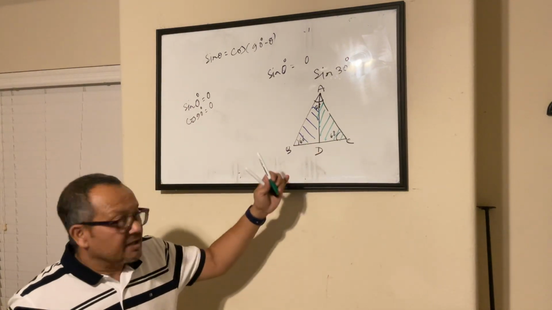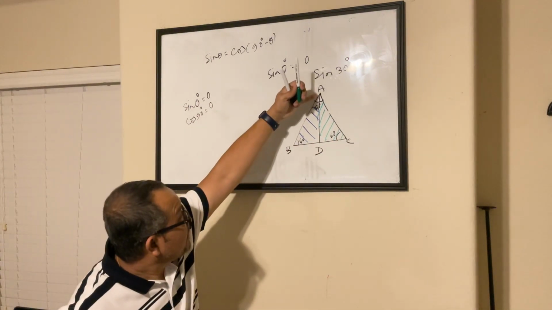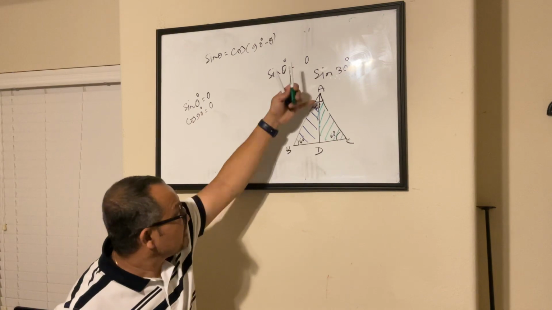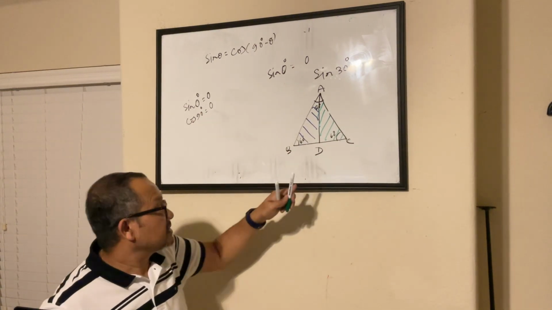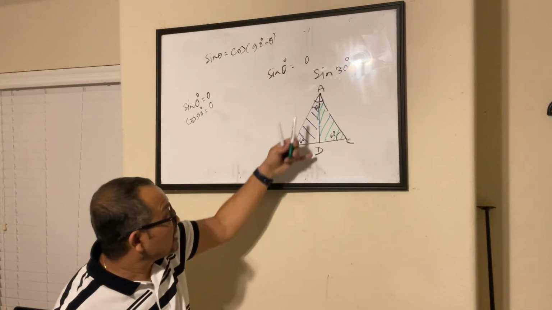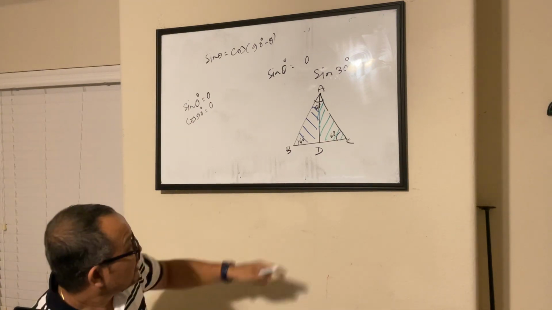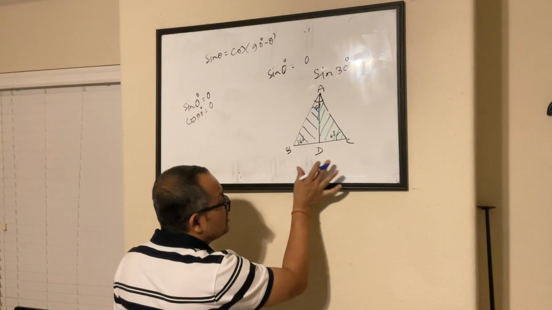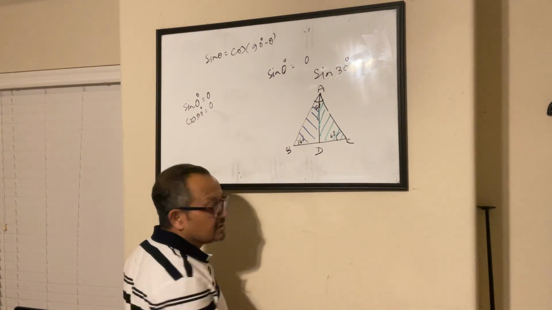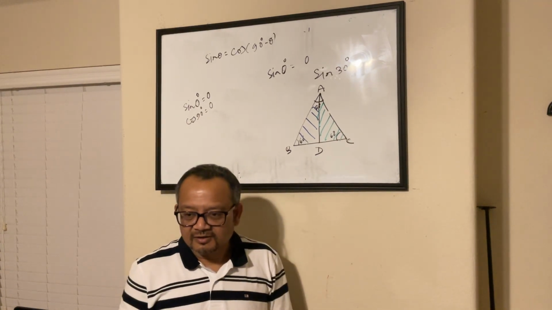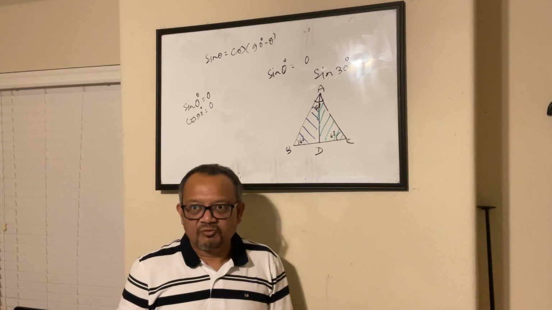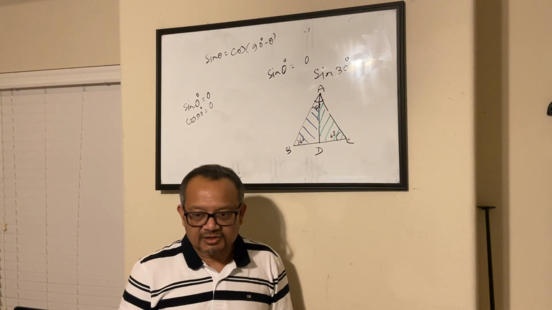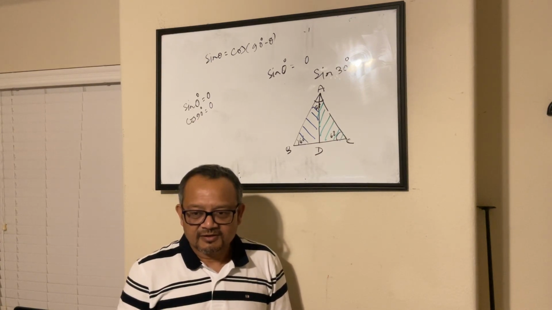So I had an equilateral triangle where all the three sides are the same and all the angles are 60 degree each. I have dropped a perpendicular from here to here. This meets here. Now, you guys know what congruence is, right? What do we mean by congruence?